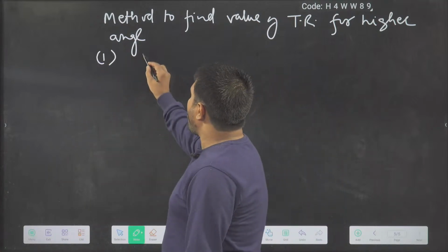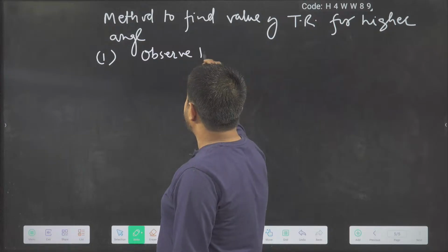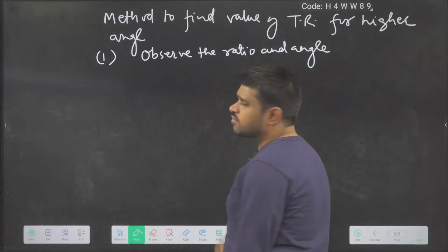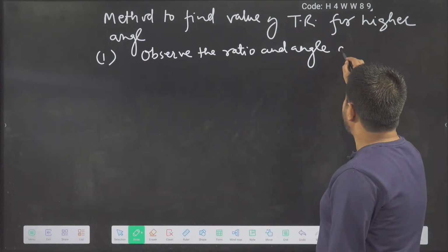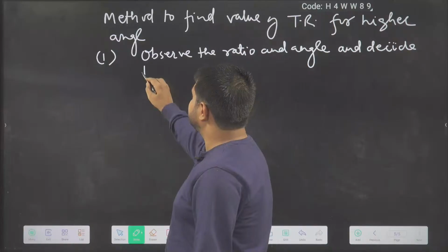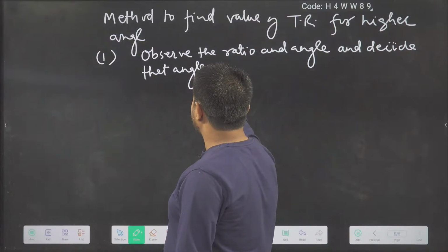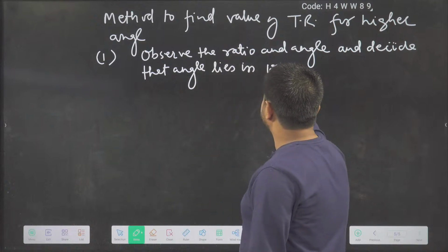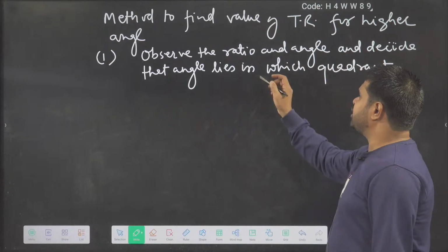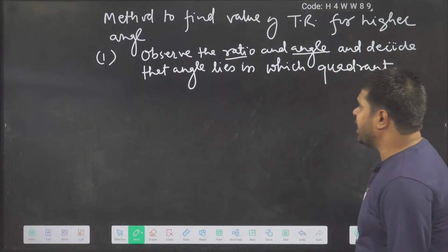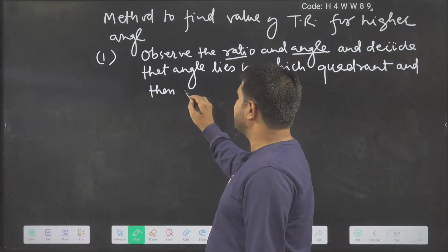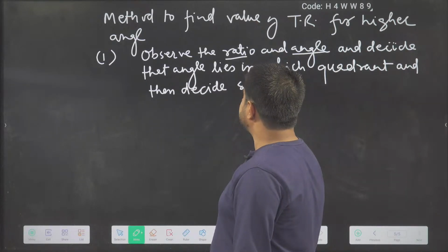Observe the ratio and angle and decide which quadrant the angle lies in, and then decide the sign.